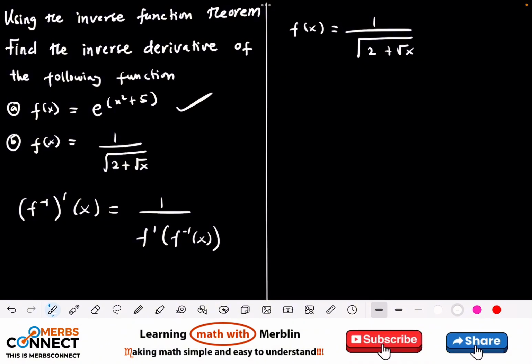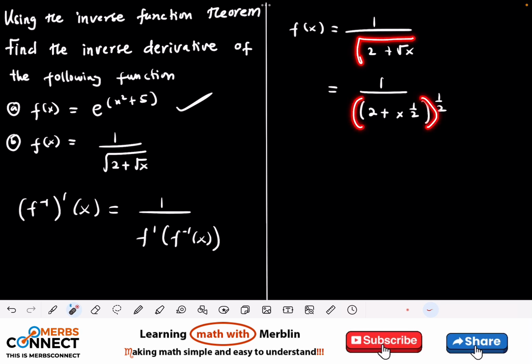So this is how I'm going to make my life simple. 1 divided by, the root can be written as (2 plus root x) to the power half. So this big whole root is affecting everything, so to the power half. And this one is affecting the x, so to the power half, the same thing here.